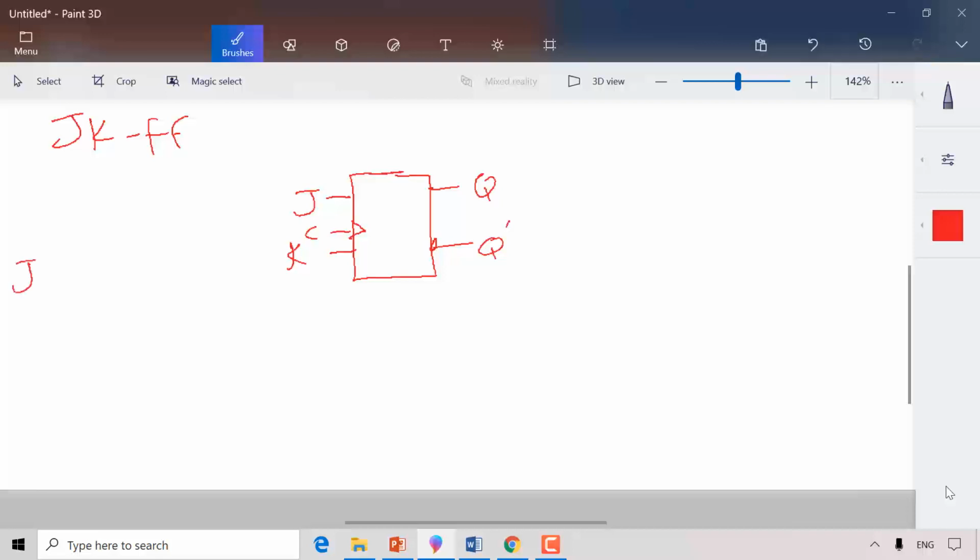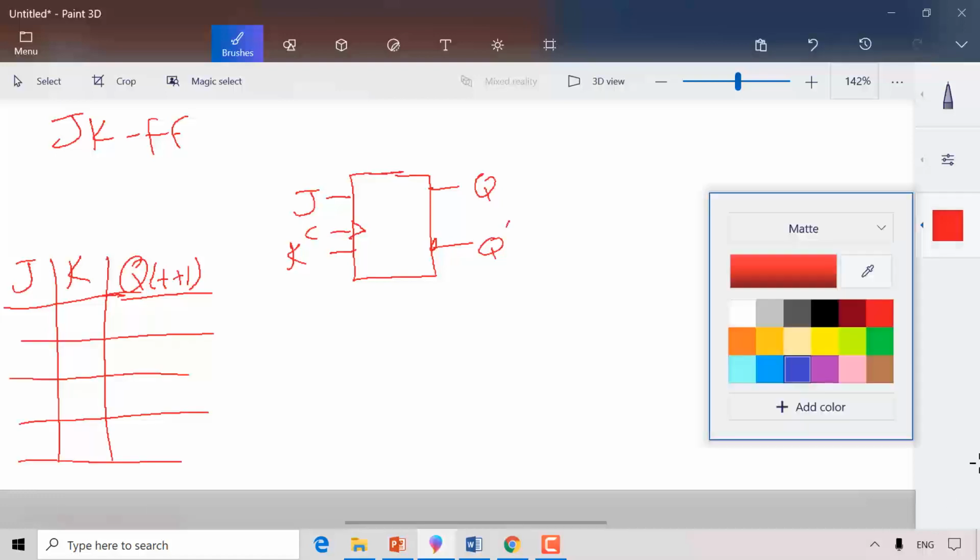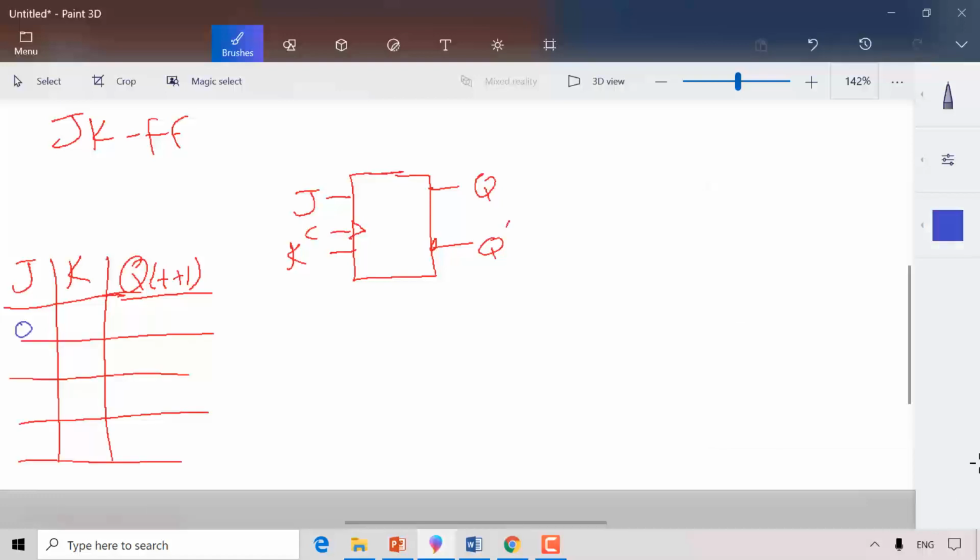You have this J, K: 0 0, 0 1, 1 1, 1 0. So 0 0 is no change.